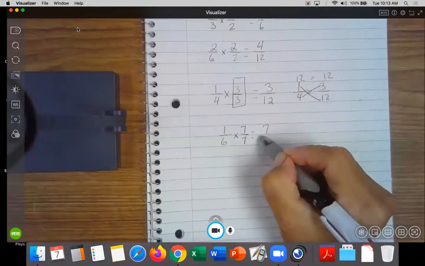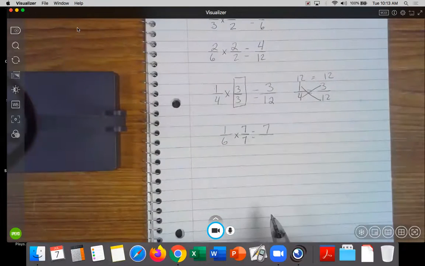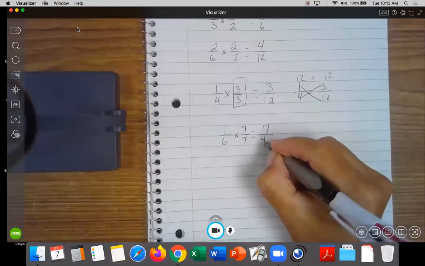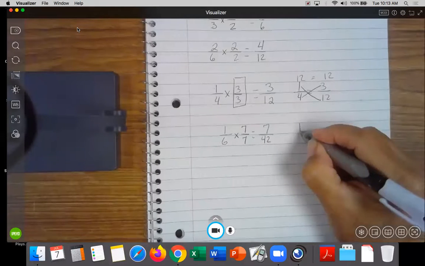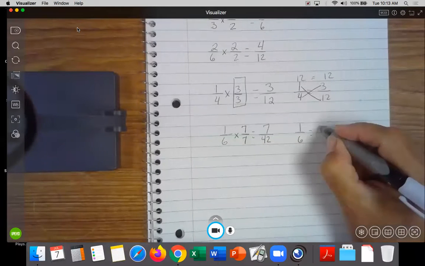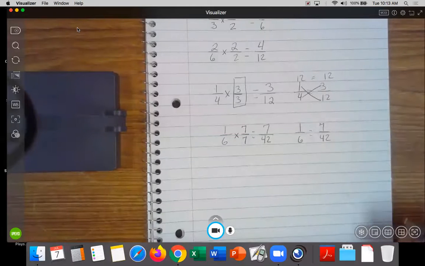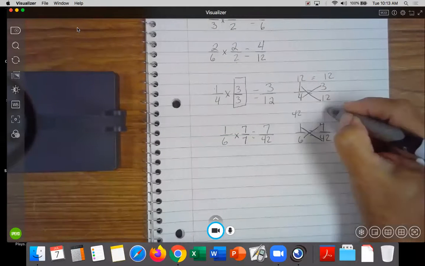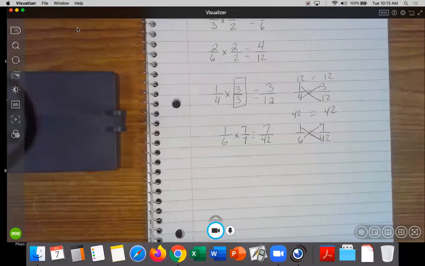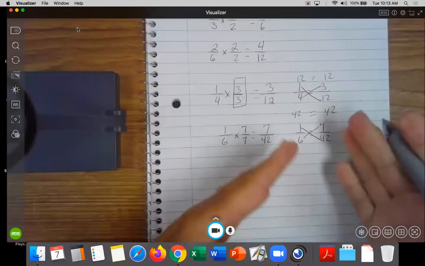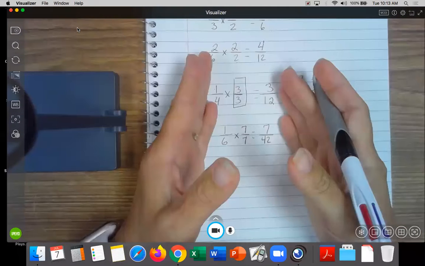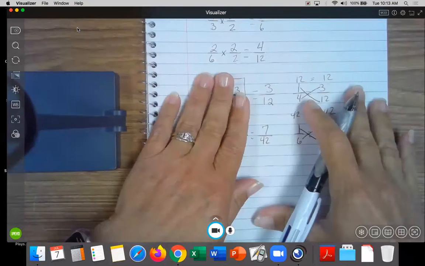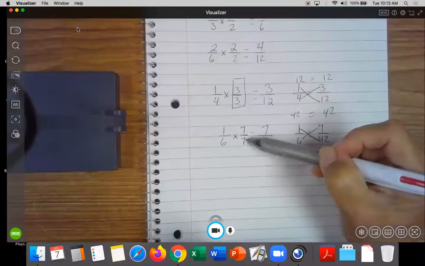What is 6 times 7? 42. Good job. All right. So I'm saying that 1/6 is equivalent to 7/42. 1 times 42 is 42. 6 times 7 is 42. Voila. Now, I know how to make them. It's easy to make them bigger. All you have to do is pick a number to multiply, as long as you multiply the numerator and the denominator by the same number.